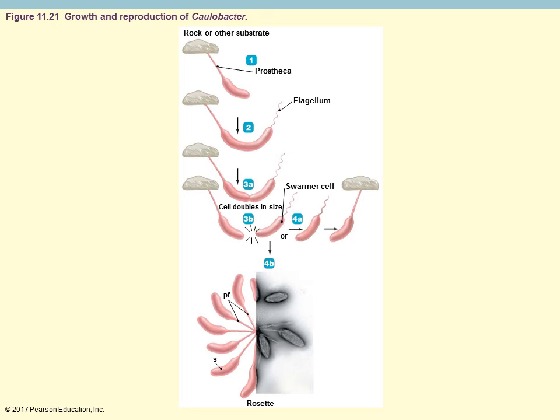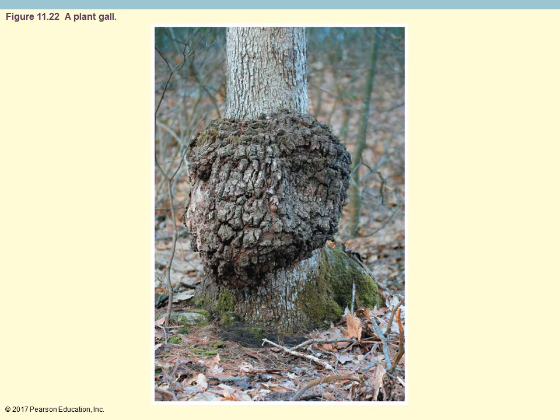Sometimes you have swarming, where several of them come together and form what's known as a rosette, kind of a star or rose-type shape. Some of them can produce, as I said, diseases in plants. Sometimes bacteria will produce what's known as a plant gall, where you get this swelling. You can have root galls, and you can also have stem galls.